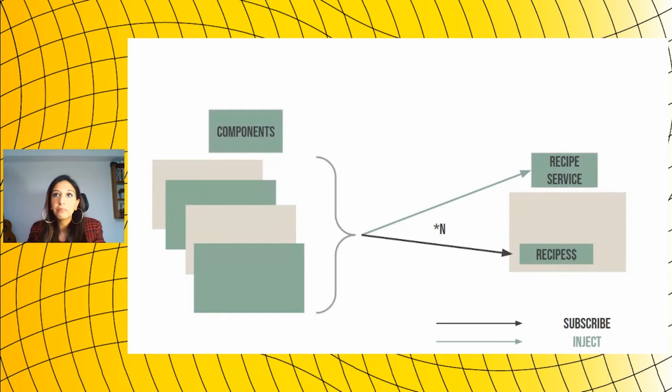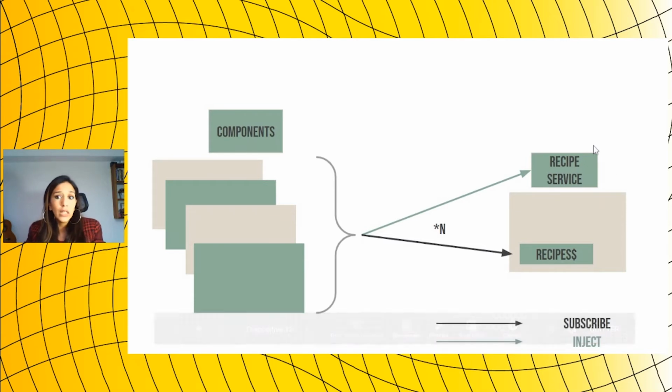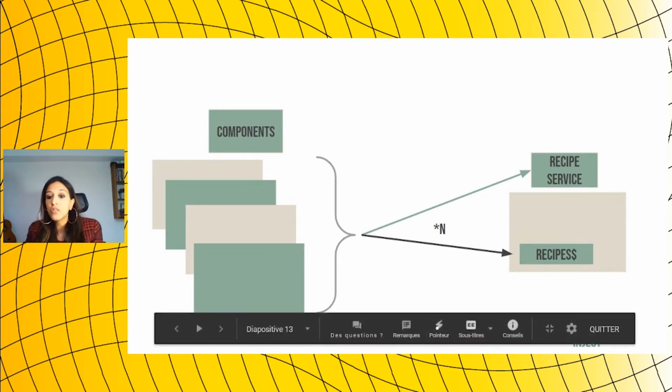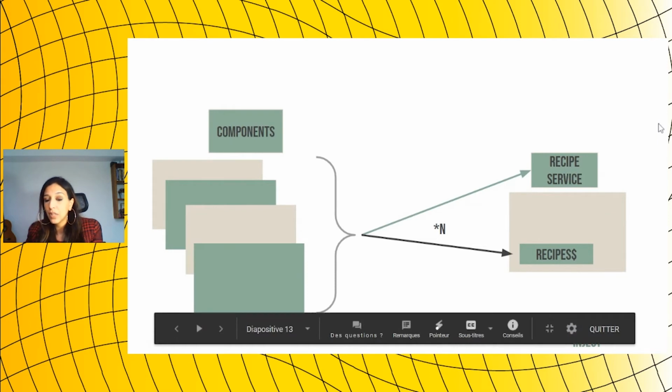in RxJS. I have an Angular service, and I have my stream of data in this service. And suppose that you have many components. So every module that provides this service will get access to this service. Okay, so every component can get access consequently to the recipes$ stream, and every component can subscribe to it in order to get data.